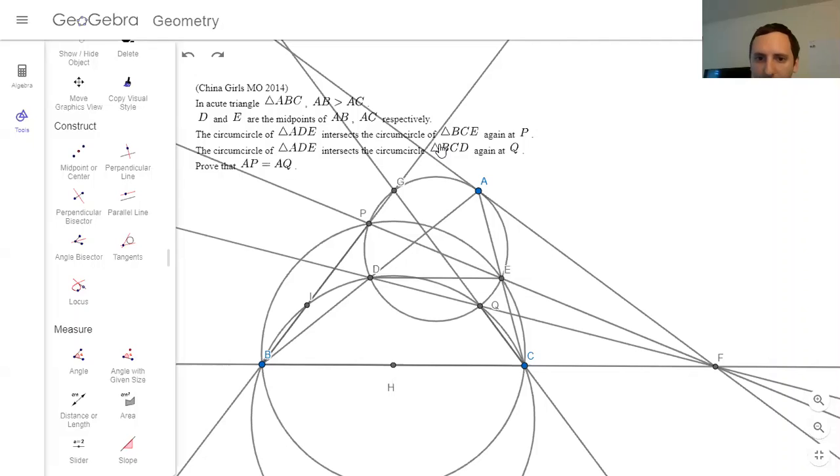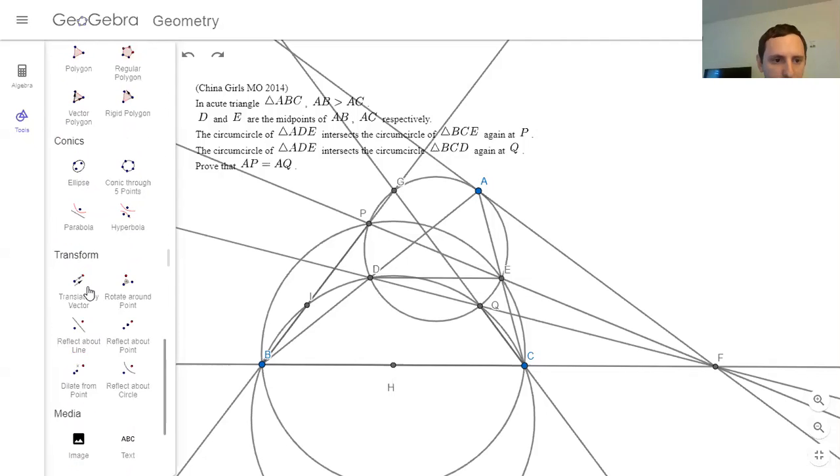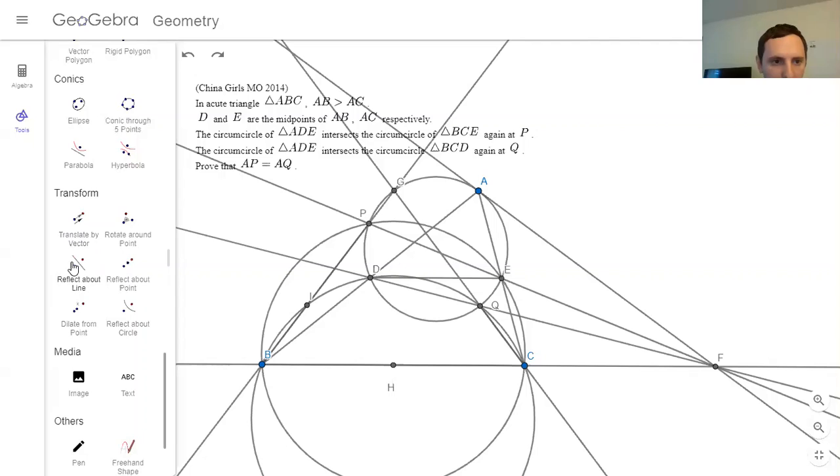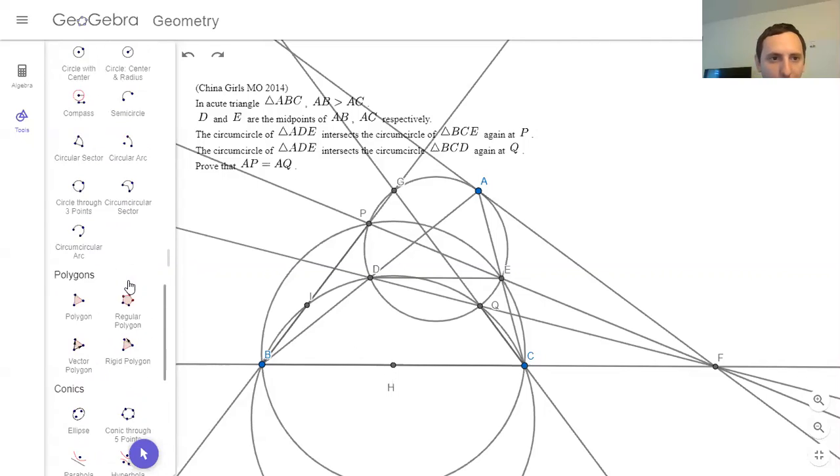G and H are reflections over DE. Let's see. Yeah, it does look like it. There's just too much structure here.